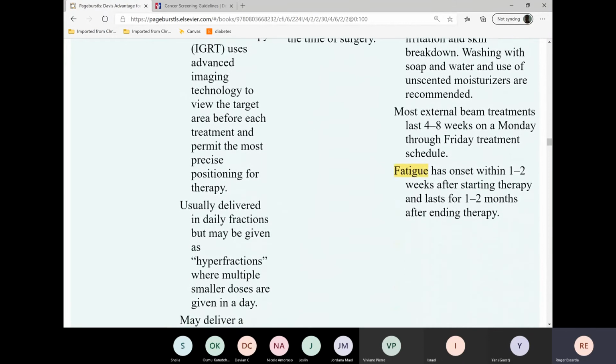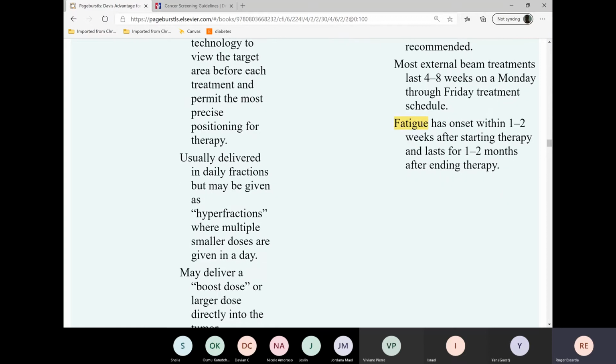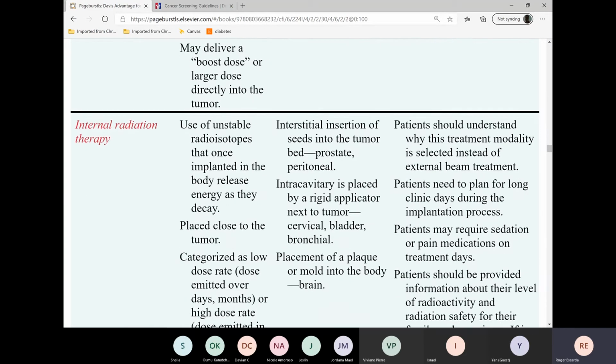But as far as external radiation, no. The only exception is fatigue. Fatigue is probably the only systemic side effect associated with external radiation. There's some explanation for it, say anemia, because if it hits the bone marrow, it does cause pancytopenia. However, there is a fatigue that can't be explained either.